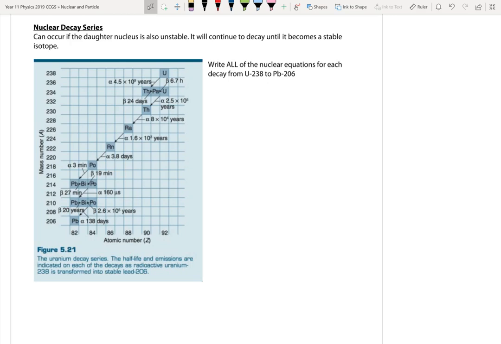Beta decay, bismuth. Beta decay, polonium. Alpha decay, beta, beta, alpha. Finally, the atom has done all of this and it's gotten down to lead 206, and that's going to be the first square where it's happy to live, okay, for the rest of its life.